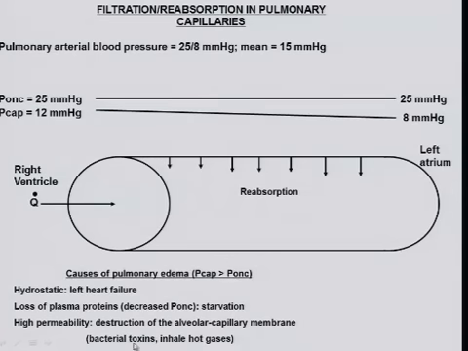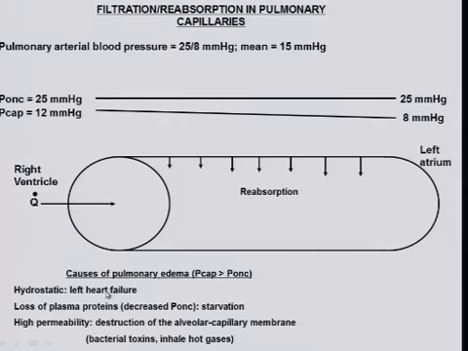So either destruction of the alveolar capillary membrane, and that can occur by bacterial toxins, inhaling hot gases, anything that disrupts that epithelial, endothelial connection can cause an increase in permeability, and therefore fluid will more rapidly move across this barrier.